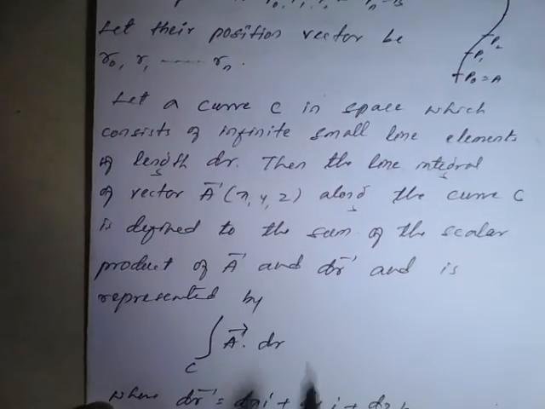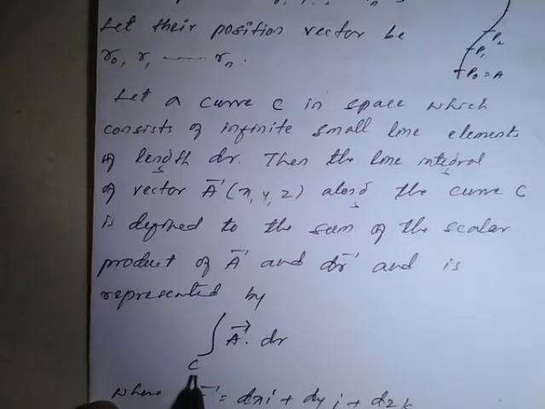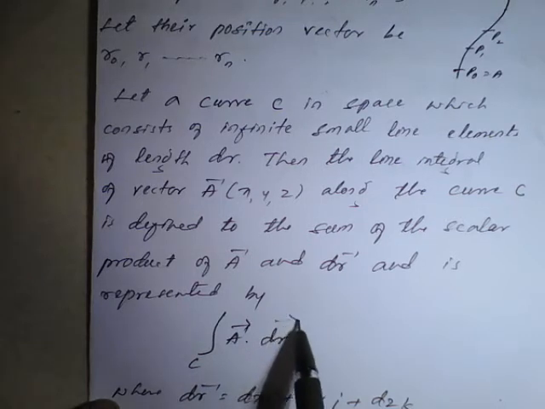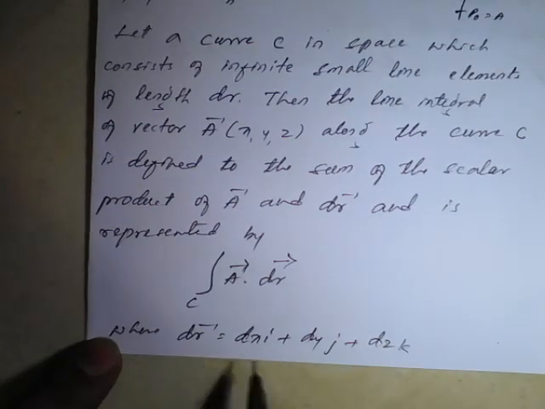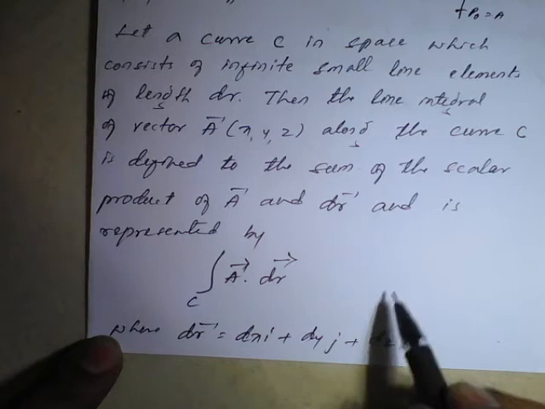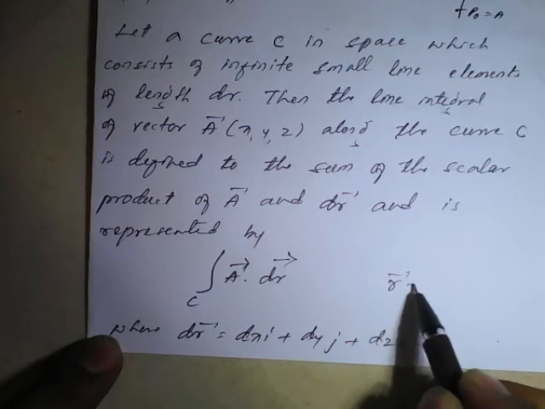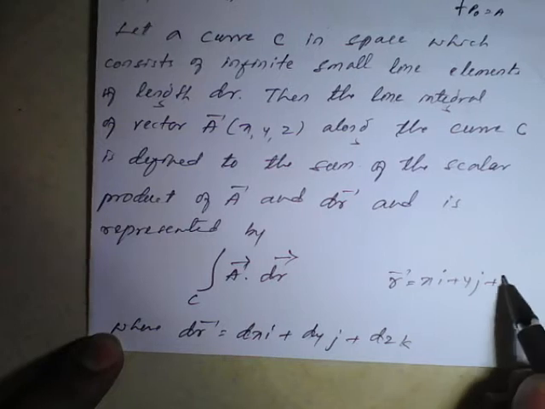and is represented by integration over the curve C of vector A dot vector dr, where vector dr is nothing but dx i plus dy j plus dz k. This is how we got it, because vector r is nothing but x i plus y j plus z k.